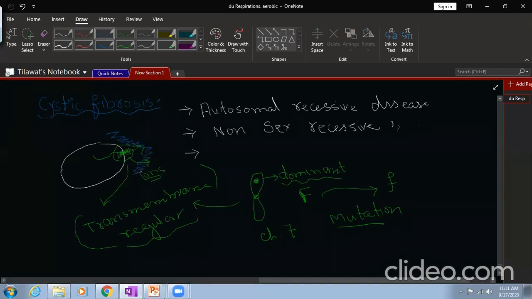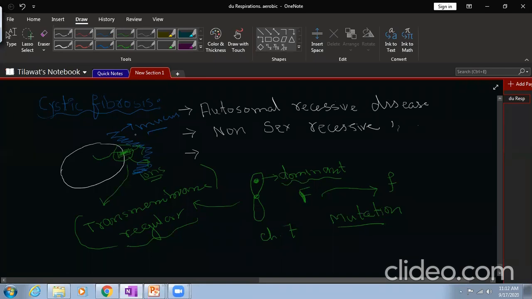For example, this is that mucus. And when mucus accumulation takes place outside, you know, this usually happens in the lungs, in the duct of the pancreas that is secreting enzymes in our pancreatic juice toward the small intestine.